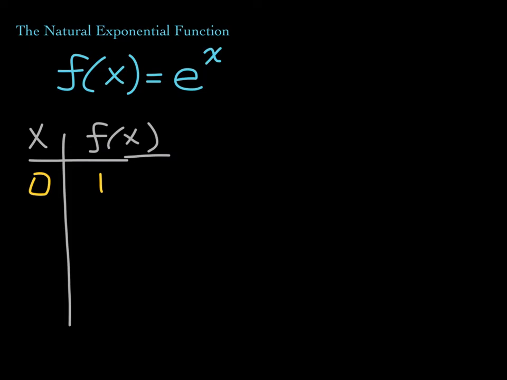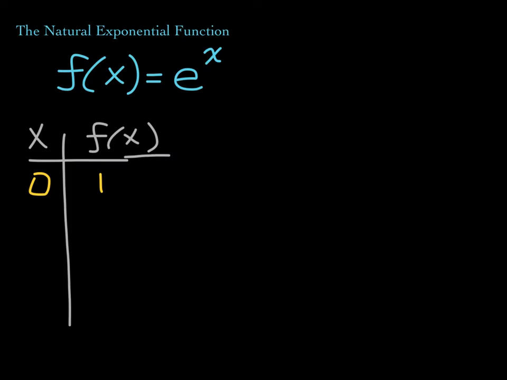Remember, e raised to the power of 0 is just 1. Any non-zero number, and e is not 0, raised to the power of 0 is just going to give you 1. This doesn't surprise us because this is the same y-intercept that you and I were getting earlier.